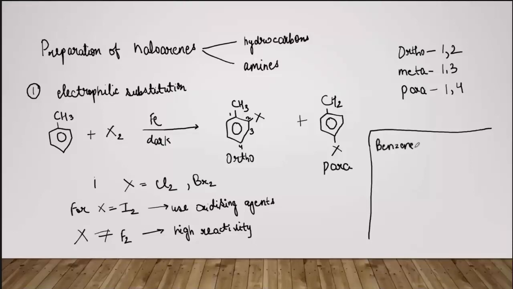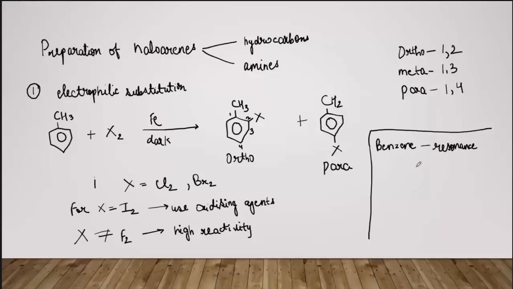The electrons are not at one position, they are always traveling all around the ring. That is resonance. You must have studied it in class 11th. So benzene has resonance in the ring.